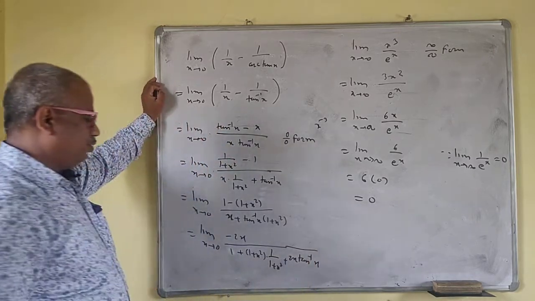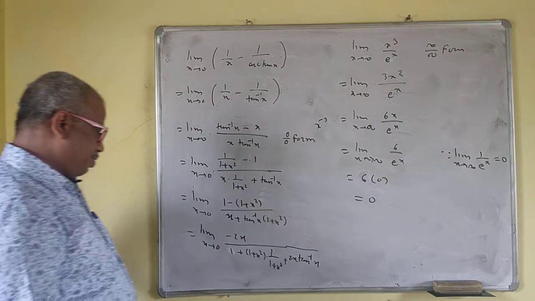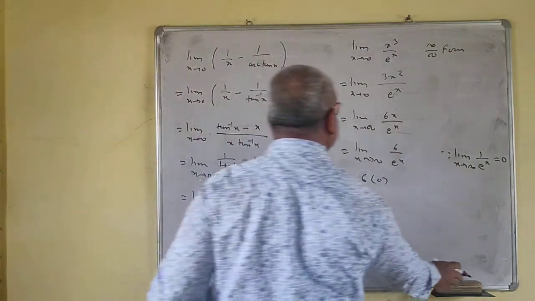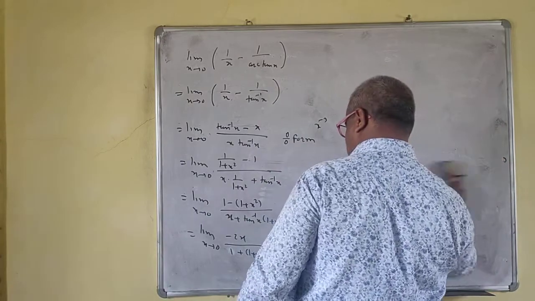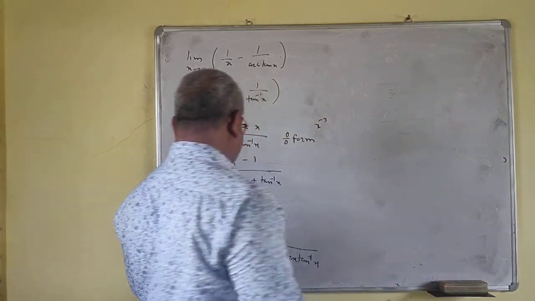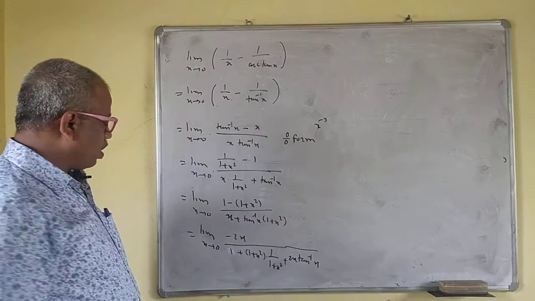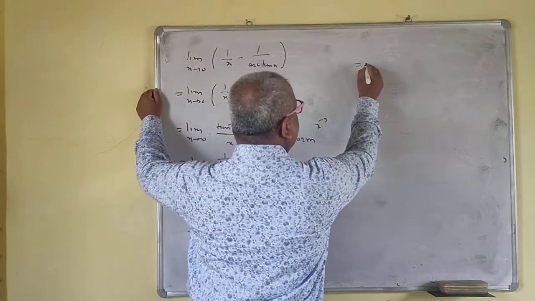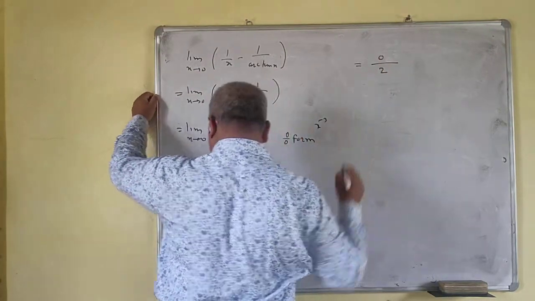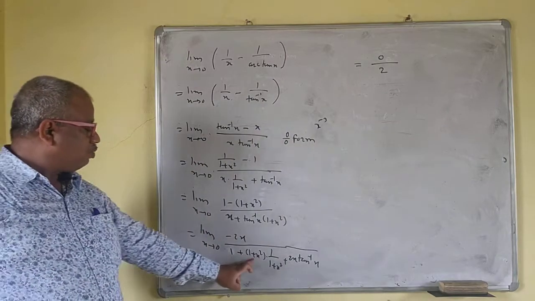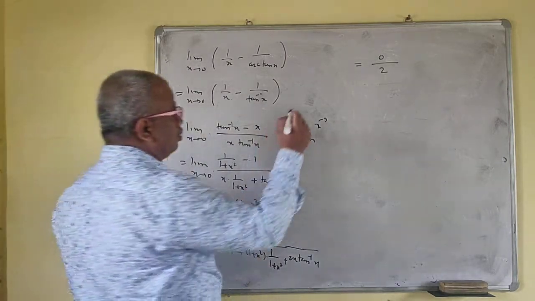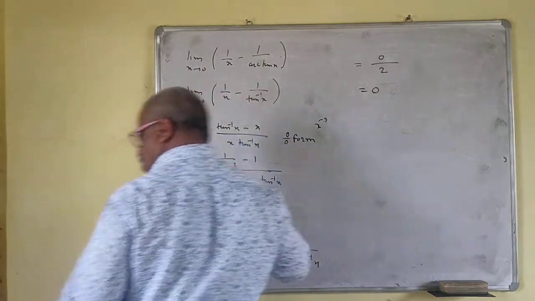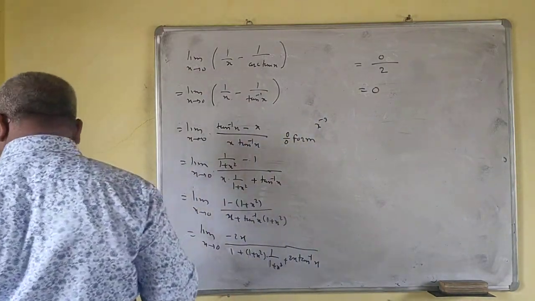Now this is not 0 by 0 form. Directly you can put 0 upon 2, because the 1 gets cancelled and the denominator is 2. So this is 0.